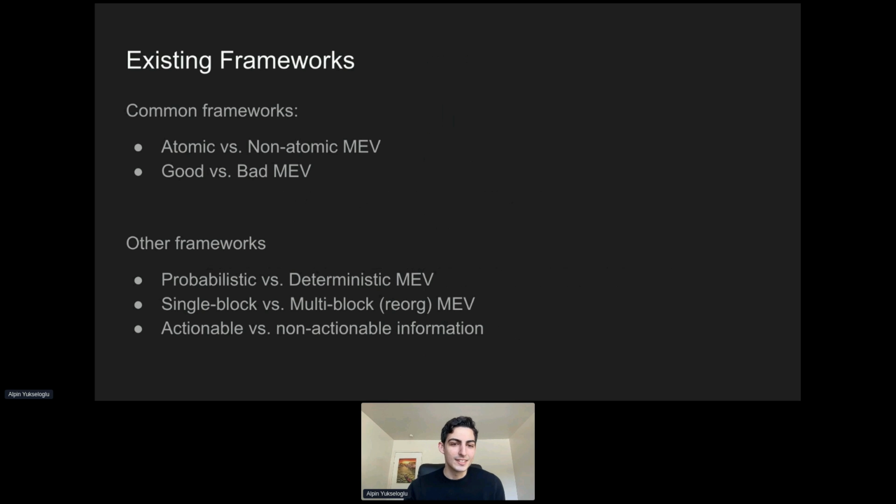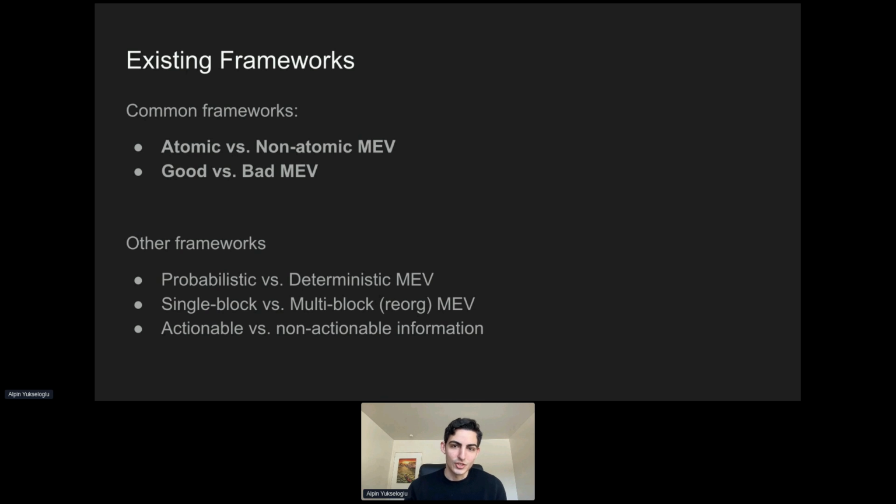Before we dive into that, there are a bunch of existing ways of framing MEV, especially for protocol design. The two main ones in the Cosmos ecosystem are this atomicity focused one and this good versus bad one. Both of them are, albeit a bit of a meme, quite good, I think, to their merit, but they're insufficient in some key areas.